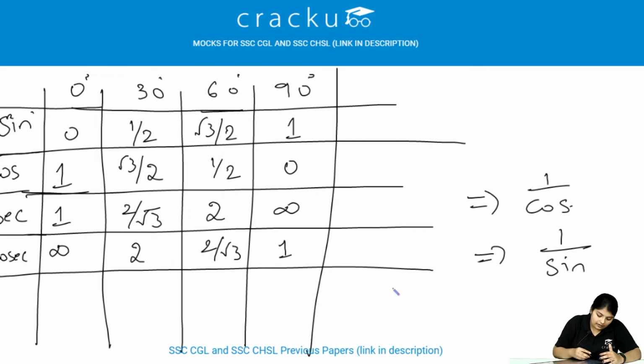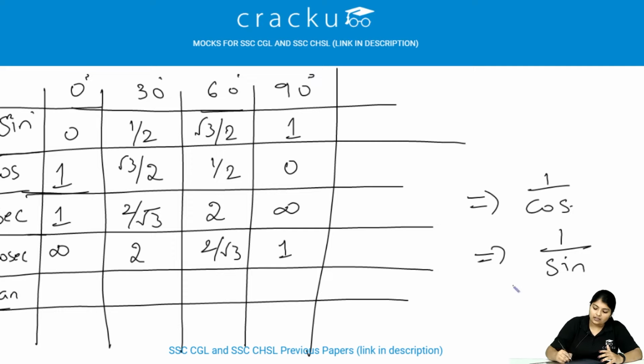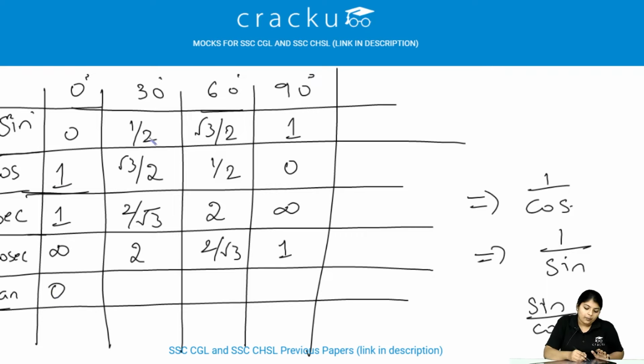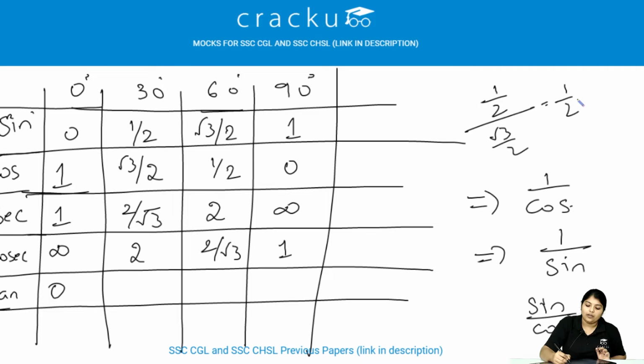And now tan. Tan is sine by cos. 0 by 1, 0 by anything is 0, and then half by root 3 by 2. See, 1 by 2 divided by root 3 by 2 gives us 1 by 2 into 2 by root 3, which is 1 by root 3.